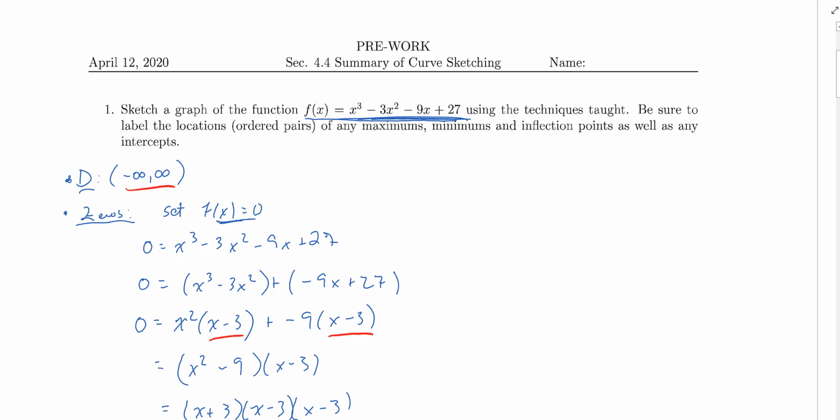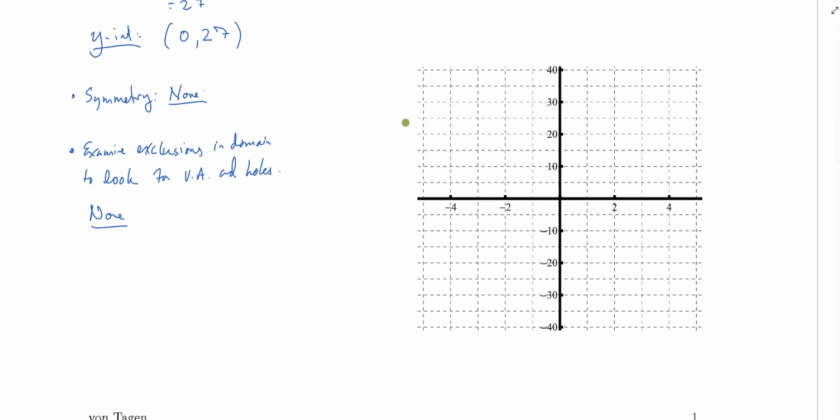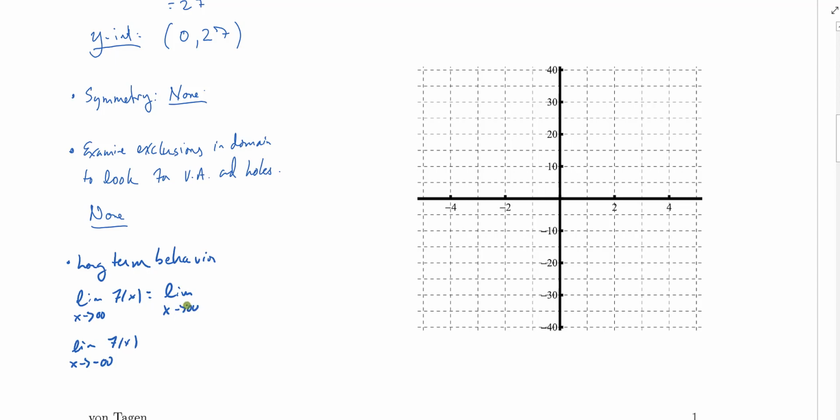So the next thing we want to look for is the long-term behavior. This actually harkens all the way back to something that we did in Chapter 2. We're going to look at the limit as x approaches infinity of f of x, and the limit as x approaches negative infinity of f of x. Well, we've put f of x into factored form here, which makes it easy to answer this question.